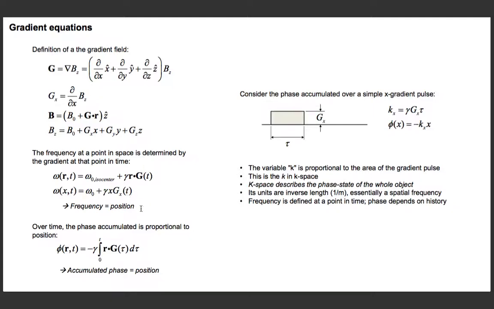So the frequency is encoded in position when you have that gradient on. And if you leave the gradient on for a period of time and you want to integrate the effect of having a different frequency, you can accumulate phase. So then you'd be integrating over time here. If you put a gradient on for a certain period of time, the phase accumulated is a function of position. And these equations are really the basis of the frequency and phase encoding that we'll talk about next.